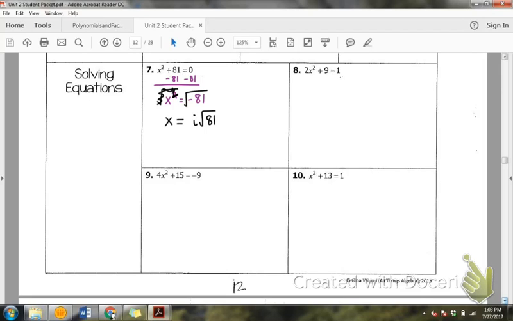It's not negative 9, because what is negative 9 times negative 9? Positive 81, which is not negative 81, right? Now that we have the i out, what's the square root of 81? 9. So we can say 9i.